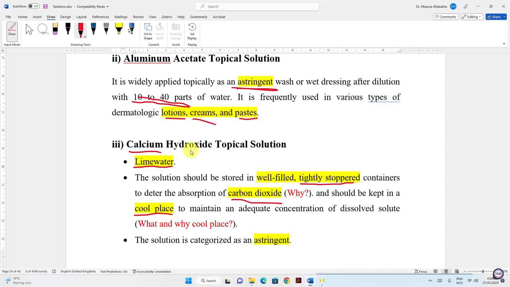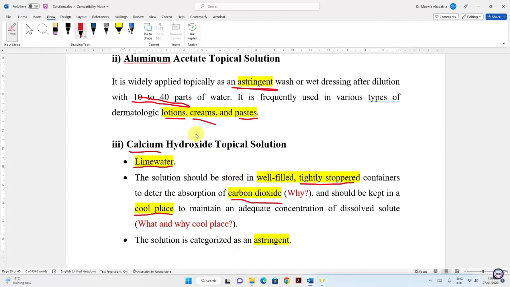Because calcium hydroxide is exothermic in solution, meaning if you put it at a higher temperature, this might cause the precipitation of calcium hydroxide from the solution, and we don't want that, because the solution should be saturated. If there is precipitation, then the concentration will decrease. So to prevent precipitation, it should be in a tightly stoppered container so that calcium carbonate does not precipitate, and also in a cool place so that calcium hydroxide will not precipitate.